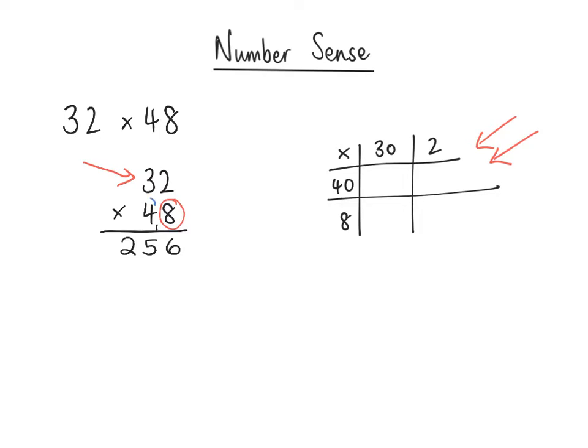Now I'm going to multiply by the 4, but because the 4 is tens, you've got to put a 0 first, because you're not doing 2 times 4, you're doing 2 times 40. So everything will be 10 times bigger. 2 times 4 is 8, and 3 times 4 is 12. And then all you do is you add those numbers together. And we get 1,536.